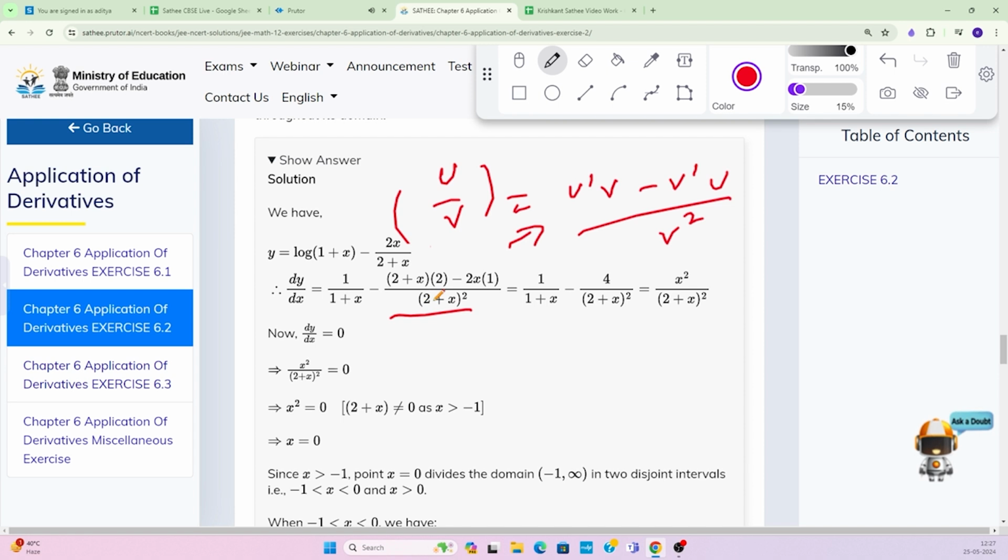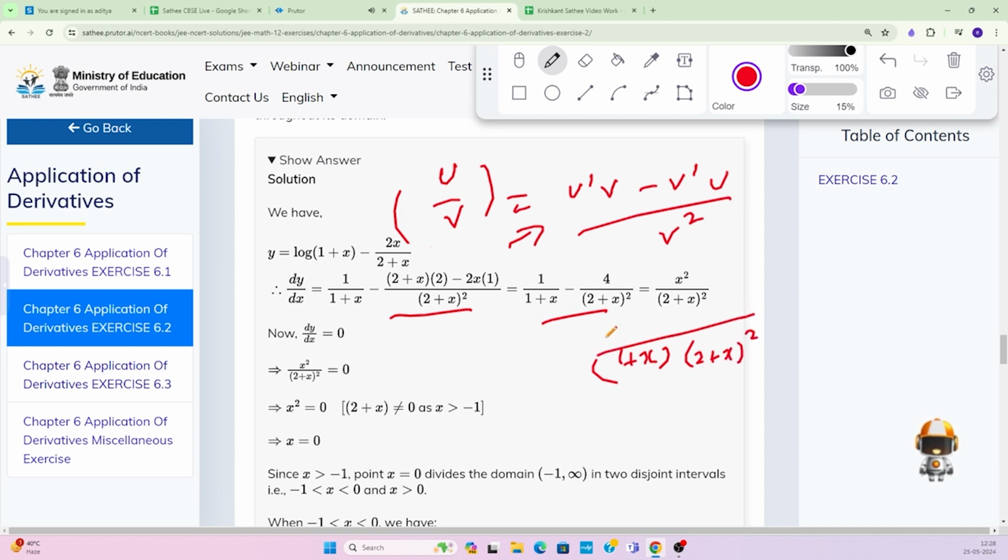Now simplify the numerator. First of all, you will get 4 plus 2x minus 2x, so 2x will be cancelled and you will have just 4x. Now taking the LCM, you will have (1 plus x) times (2 plus x) whole square.